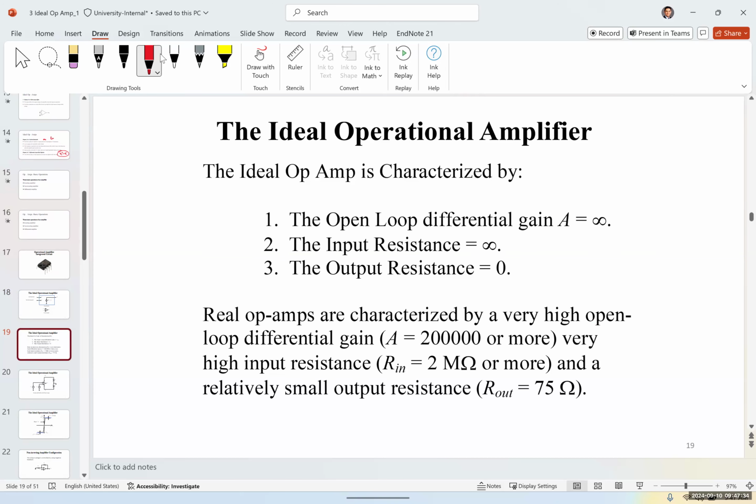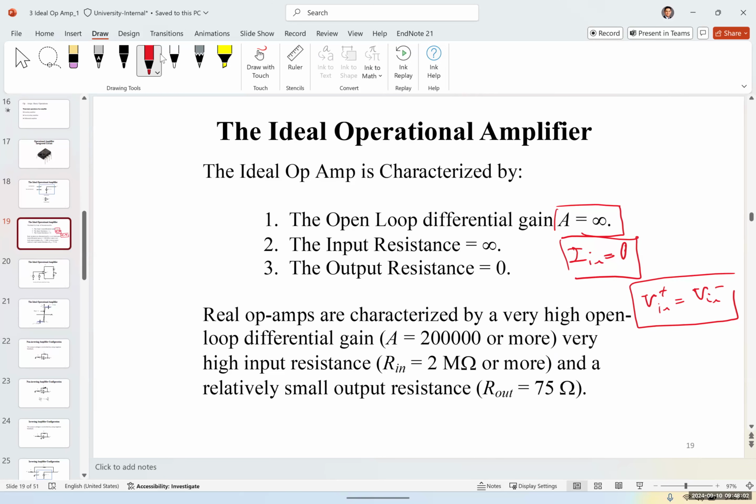So 3 things to keep in mind, and these are very important. First, the gain is infinite. Second, the input resistance is infinite, therefore the input current is always 0. Third thing that you need to keep in mind is Vn positive is always equal to Vn negative. So these 3 things are the most important things that we have in an ideal op-amp.